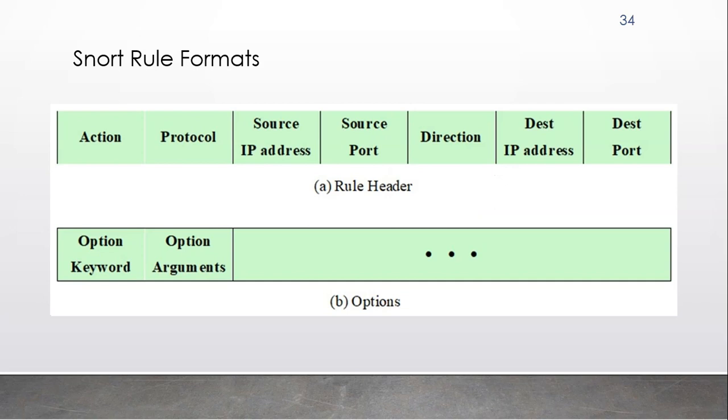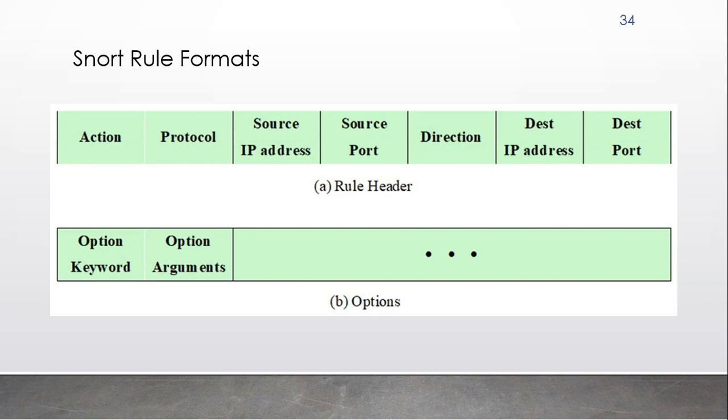Snort uses a simple, flexible rule definition language that generates the rules used by the detection engine. Although the rules are simple and straightforward to write, they are powerful enough to detect a wide variety of hostile and suspicious traffic. Each rule consists of a fixed header and 0 or more options.